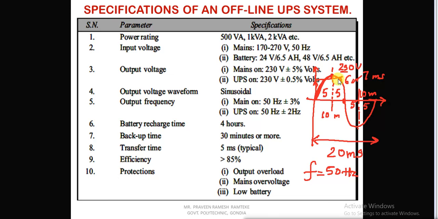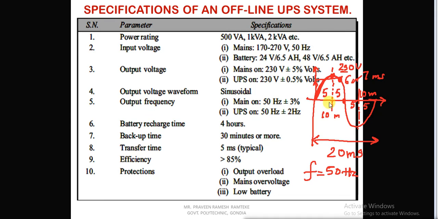If this voltage is reduced, then obviously the load will switch off. The appliance will switch off. If the appliance is switching off, then what is the use of the UPS? Hence the switching time of this UPS must be less than 5 milliseconds. After 5 milliseconds, the voltage drops. The voltage amplitude reduces. That's why we keep the switching time less than 5 milliseconds.